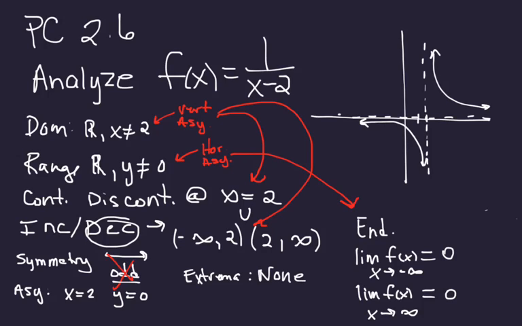Your vertical asymptotes and horizontal asymptotes affect everything other than the extrema and the symmetry, and of course the asymptotes themselves. That's kind of redundant, everything is affected by them. That's why you've got to find them first. Otherwise, you can't do the rest of the problem.